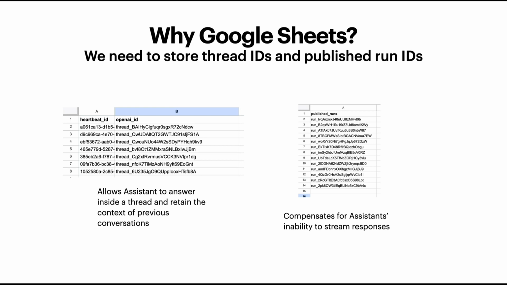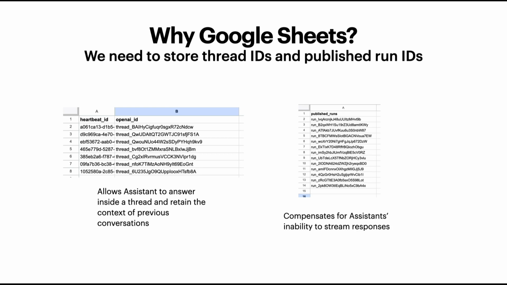The second table that we need is to keep track of thread runs that have been published, that have been piped into Heartbeat. Now, we need this because, as I mentioned before, the Assistants API currently doesn't send you a notification when the assistant has added the message, so we have to keep checking for it.